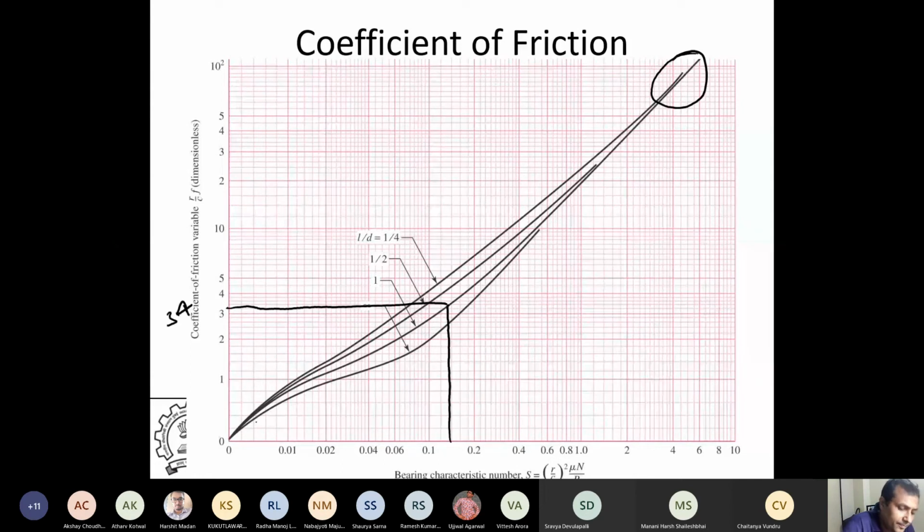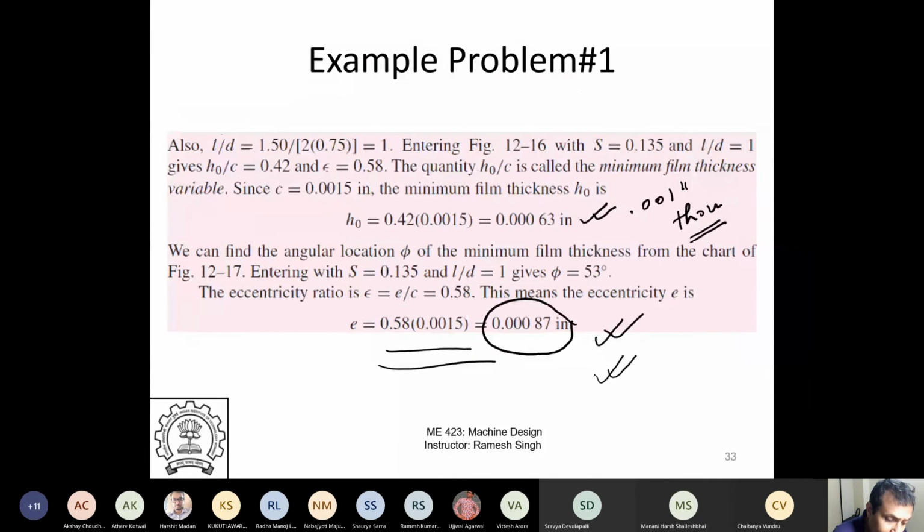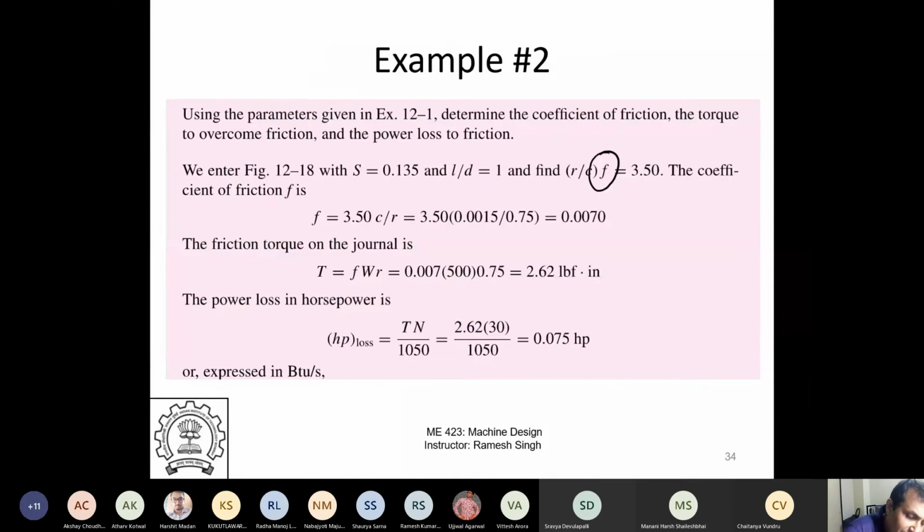So let's see what R by C times F is. 3.5 roughly. So R by C times F is equal to 3.5. So I can find out friction.